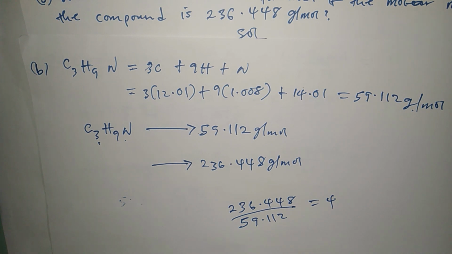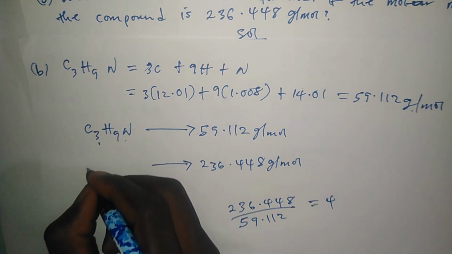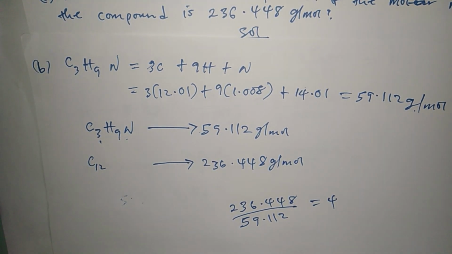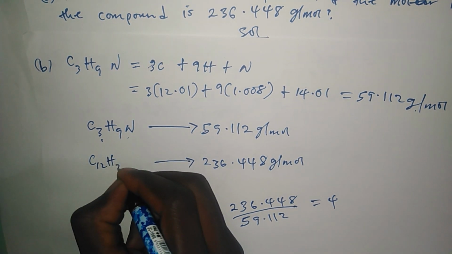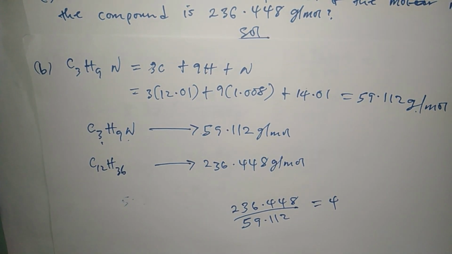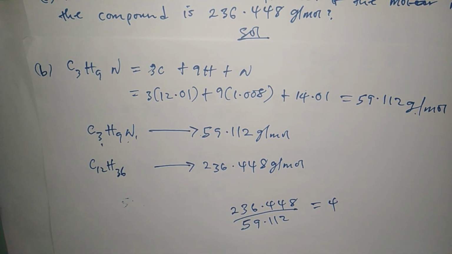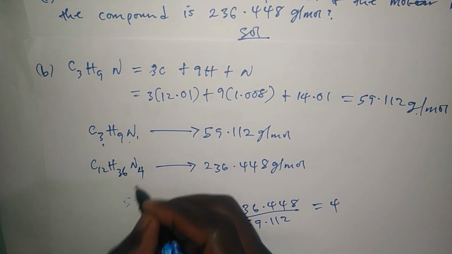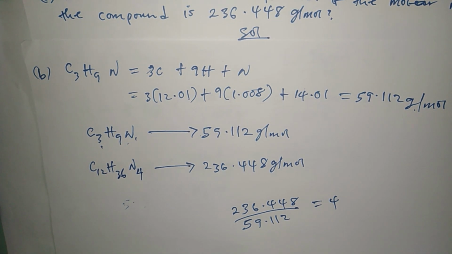So 4 multiplied by 3, we have 12. So we have C12. Then 4 multiplied by 9, we have 36. Therefore we have H36. 4 multiplied by 1, there's an invisible 1 here, is equal to 4. So we have N4. So this is the molecular formula.